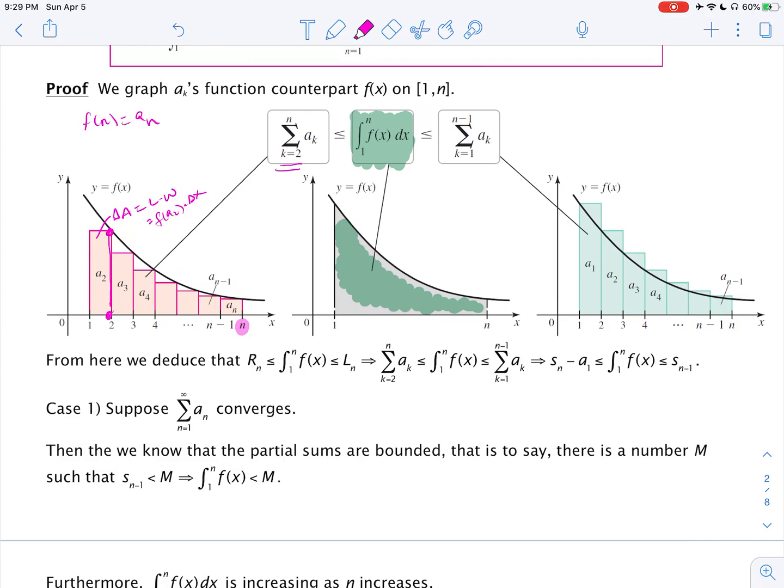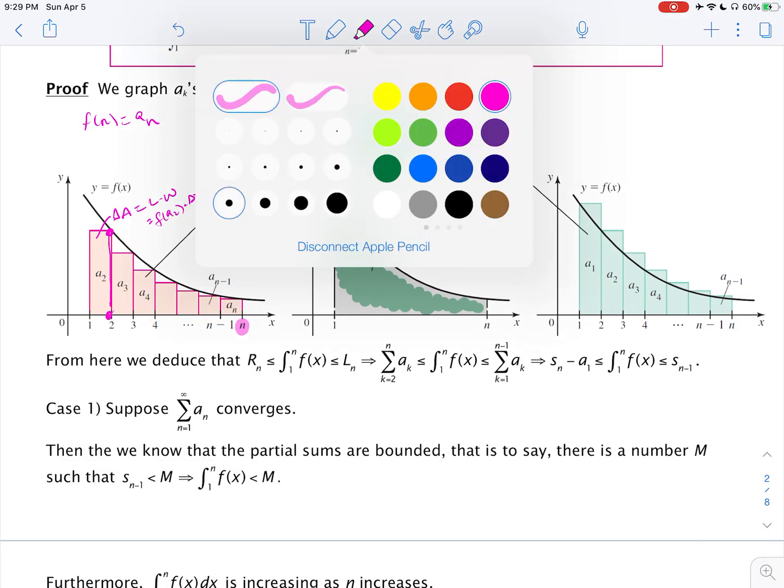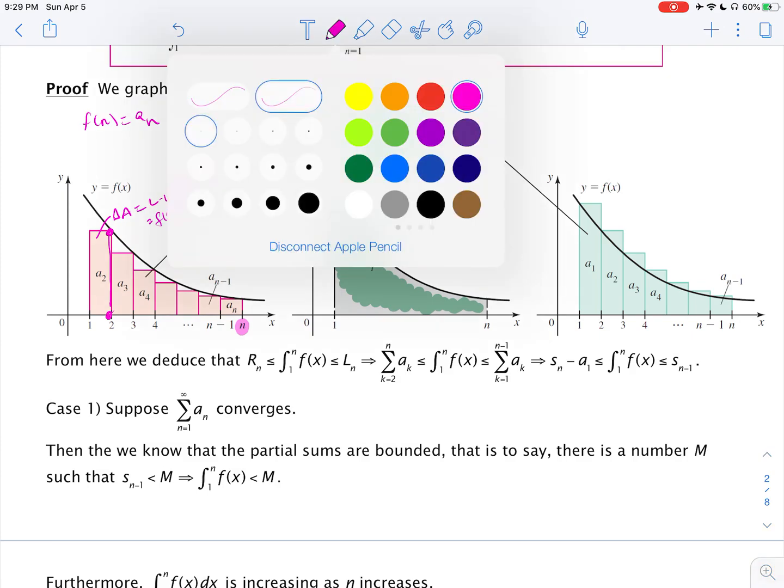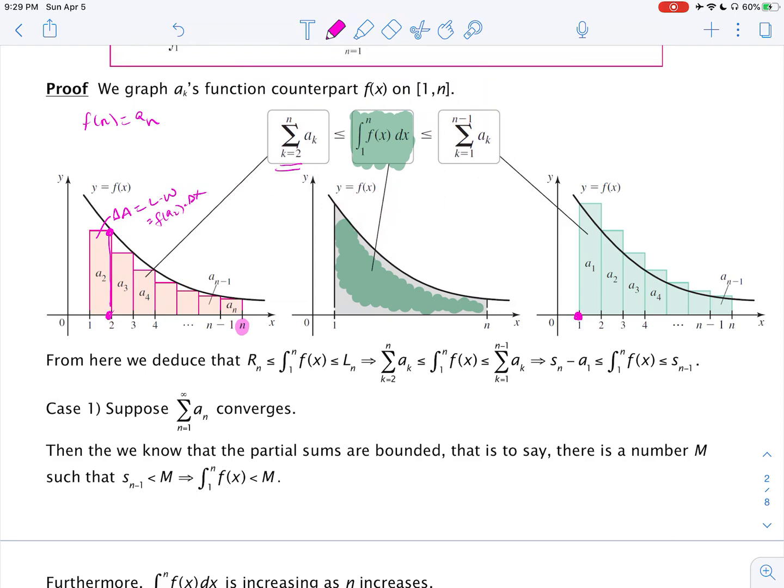And now looking over onto the right-hand side, if we start at 1 and use the height of that rectangle, we can see that the delta area is going to be length times width again, and our length is going to be the height of that rectangle, and that's going to be f of a sub 1, or f of 1, which is a sub 1, times delta x.